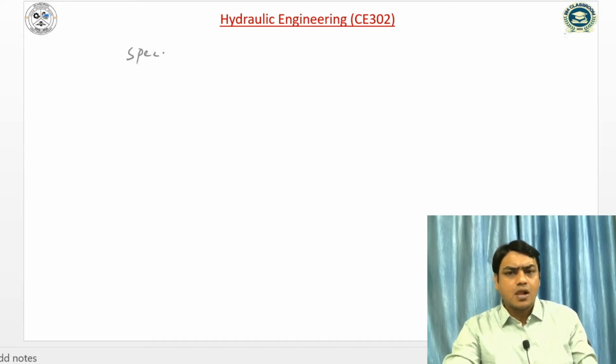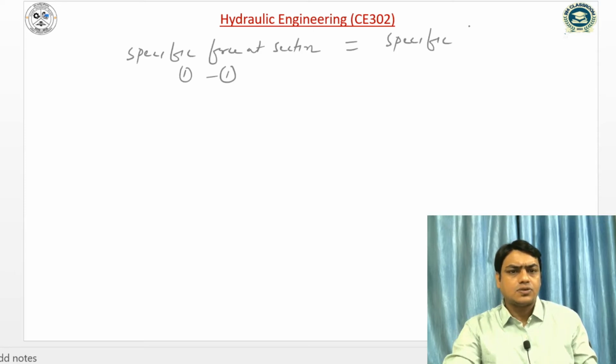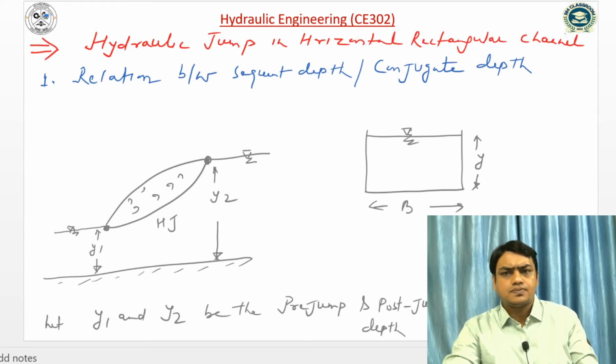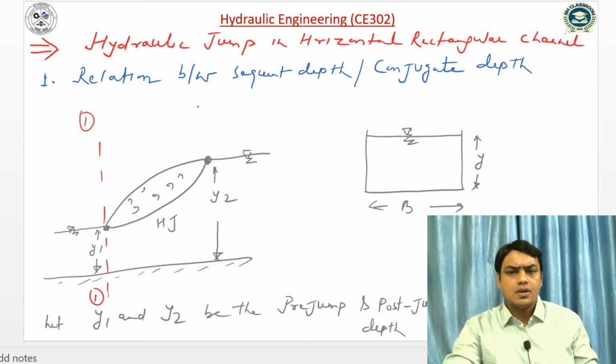So the specific force at section 1 is equal to the specific force at section 2. Let us assume this is 1, and at the end of the jump this is 2.